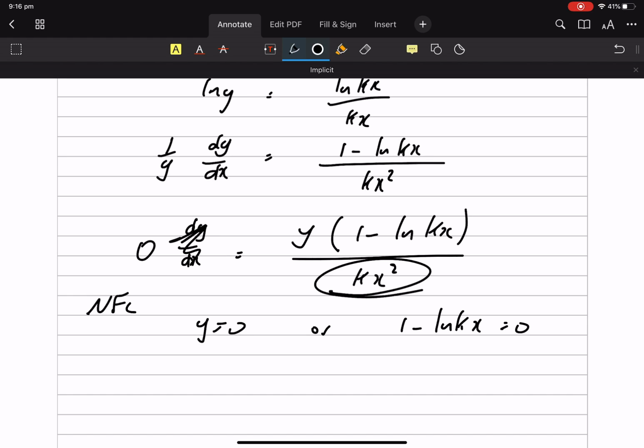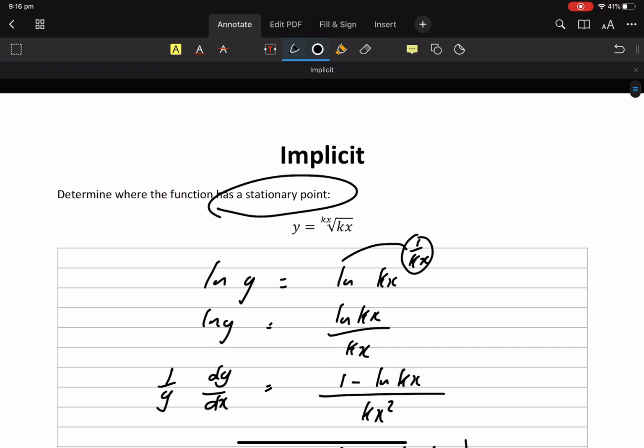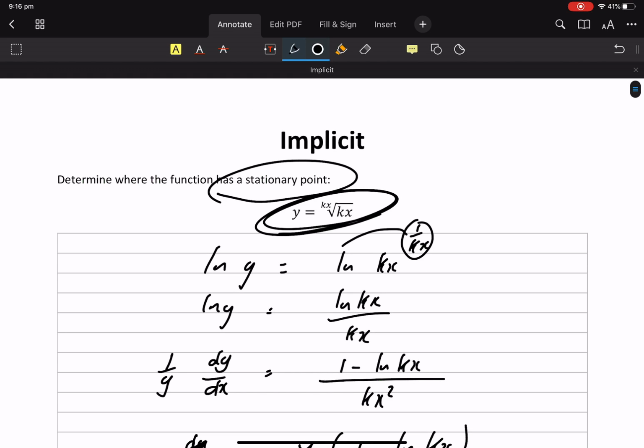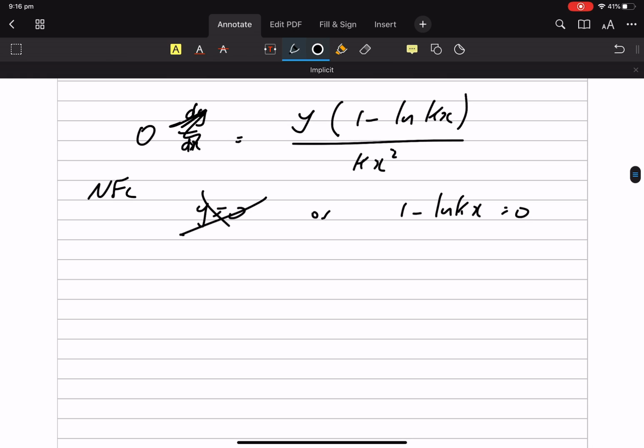My denominator can't be 0. Y equals that thing. Don't think there's any value of x that makes that 0. I can't set x equal to 0 because what's a 0th root? Undefined. So clearly log kx must equal 1, kx must equal e, and x equals e on k.